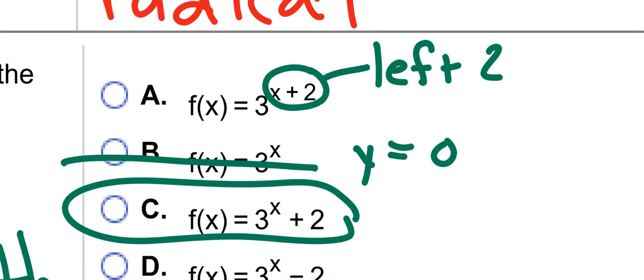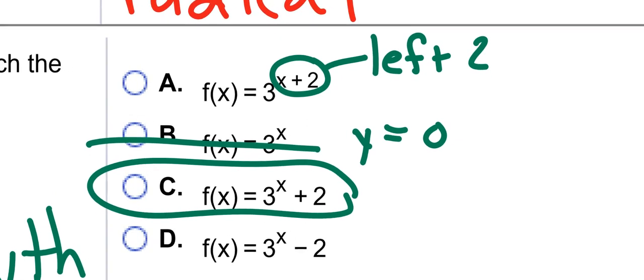When you are changing the y, it matches your common sense. You need to write that down again. It's not going to matter whether it's a radical function or an exponential function or a parabola. All of them get shifted the same way.